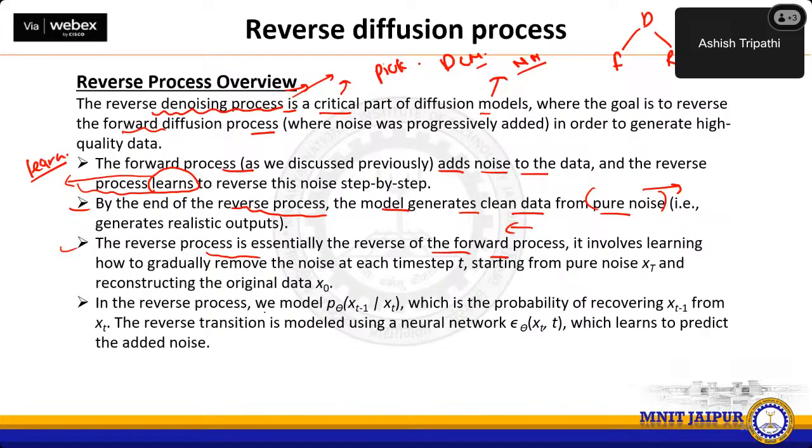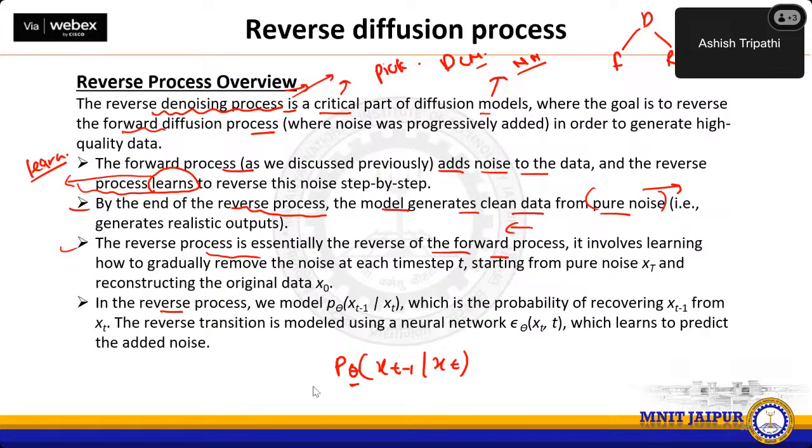And the main task that we have to perform in the reverse process is to model p theta x of t minus 1 given xt, in such a way that my model is able to predict. This theta means this is a parameterized model having some weights and biases. And what will be the role of this parameterized model?